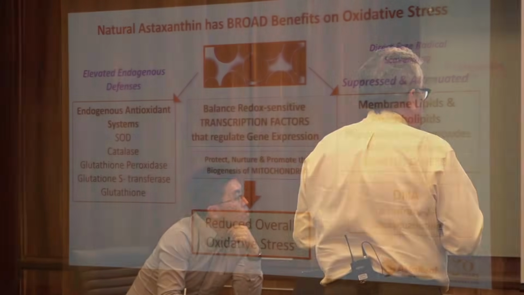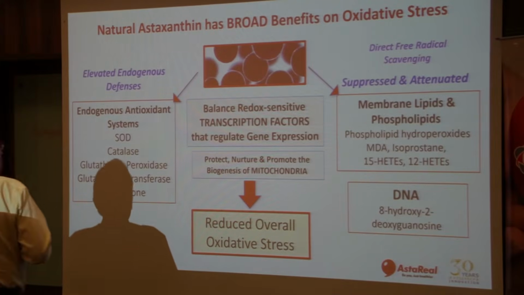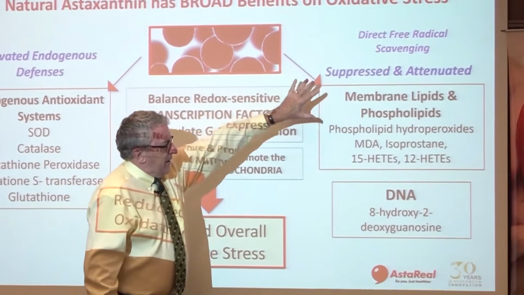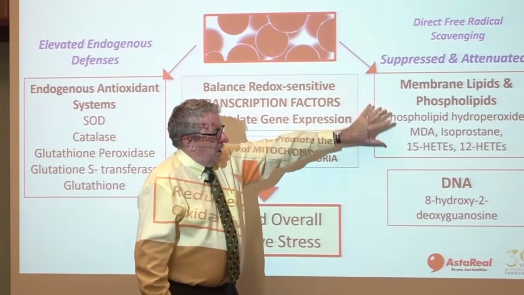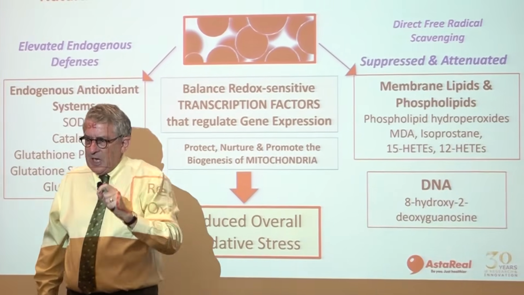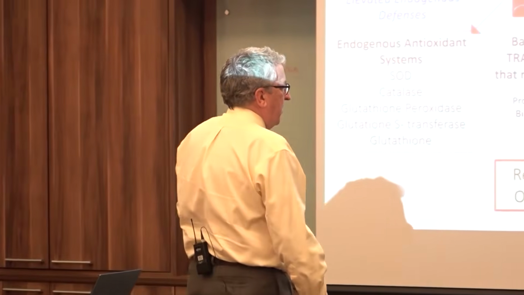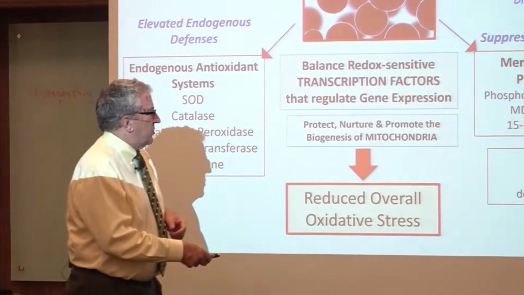In addition, this sort of is a summary. So it will block direct free radicals, and these hit a lot of targets. Just mention a few here. Lipids are particularly important. And the reason being is that astaxanthin is soluble in lipids, right? And there's also evidence for DNA being damaged.